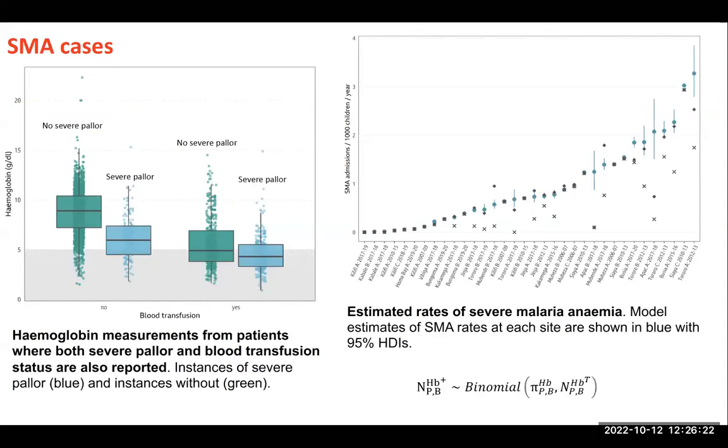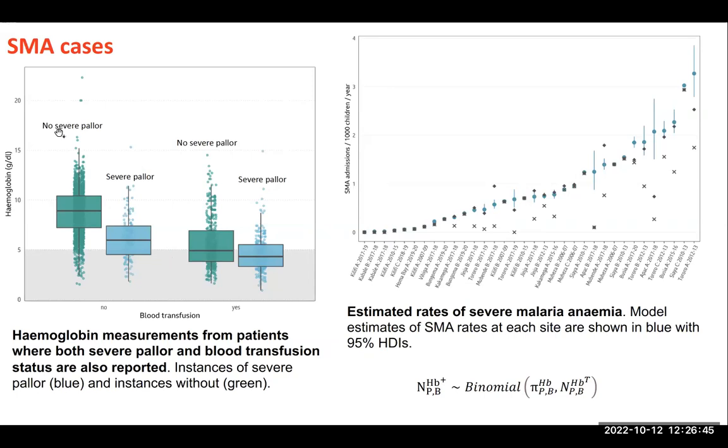So I'll start with severe malaria anemia, which I will call SMA going forward because it's a bit of a mouthful. So the graph on the left shows you the distribution of hemoglobin level relative to blood transfusion and severe pallor. The gray region here shows you patients that would have been classified as having SMA.